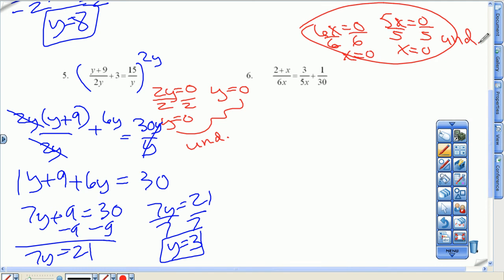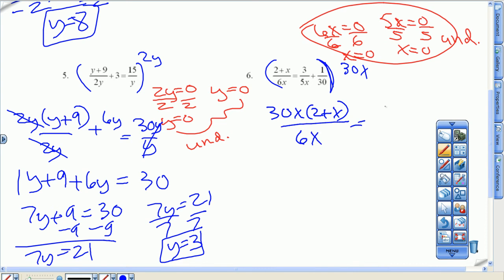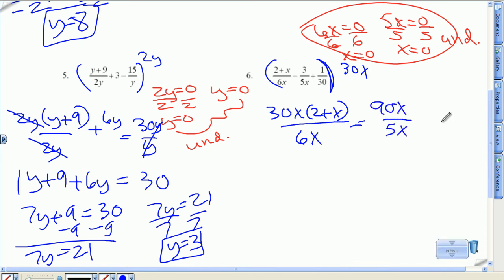Alright, so least common denominator is 30x. We're going to multiply by 30x. So this gives me 30x times that binomial over 6x. 3 times 30x is 90x. And 30x times 1, of course, is just 30x.